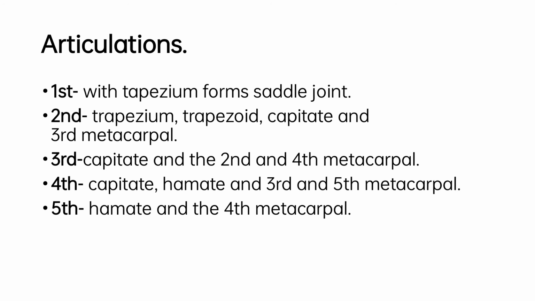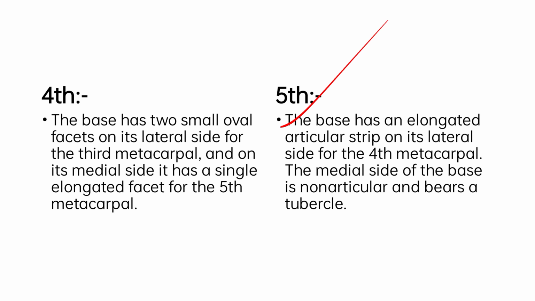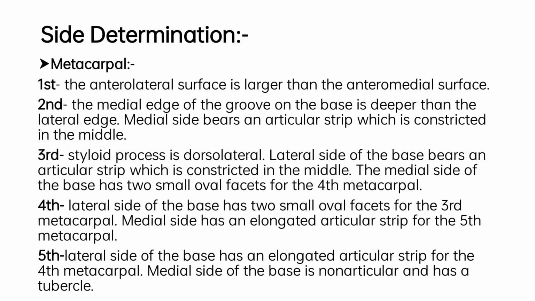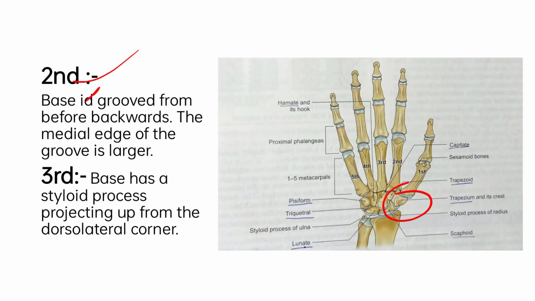Moving further now to the articulations at the bases. The first metacarpal articulates with the trapezium, as we saw in the picture before, and forms a saddle shaped joint.